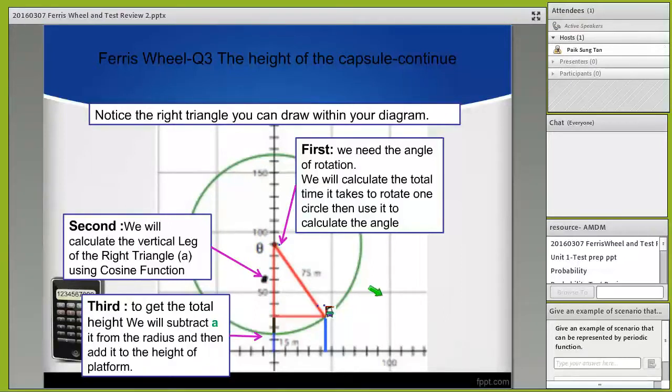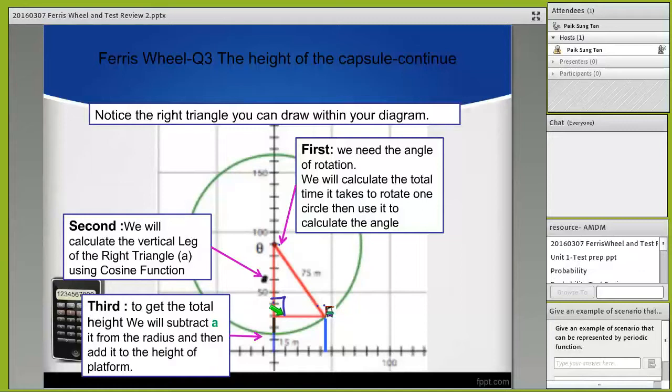And where's the right triangle? It's right here. And the theta, the angle that we're looking at, is the center angle where the capsule is traveling.